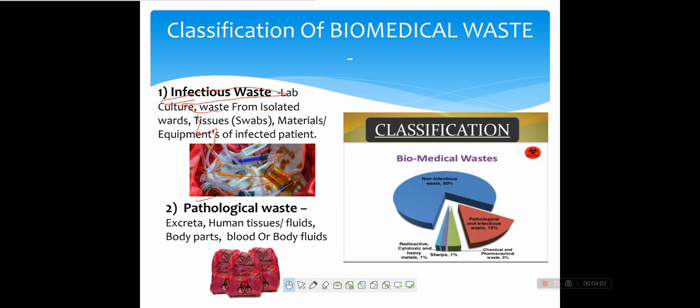Then after that we have pathological waste. Pathological waste includes human tissues, body parts and body fluids which are collected in these containers.